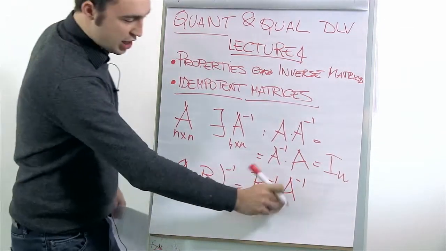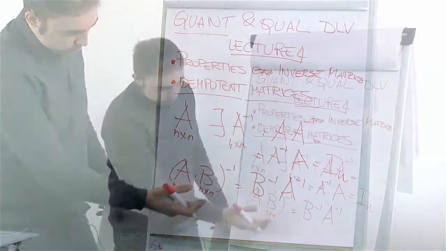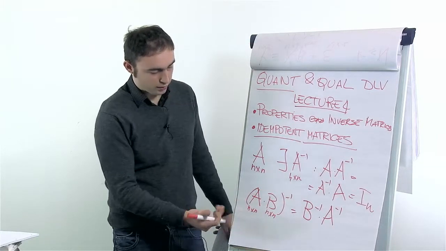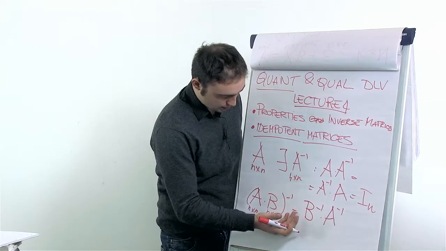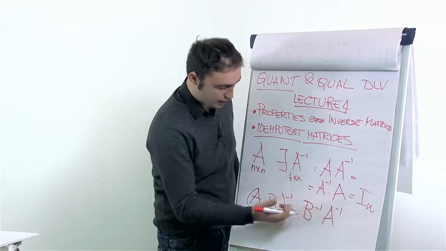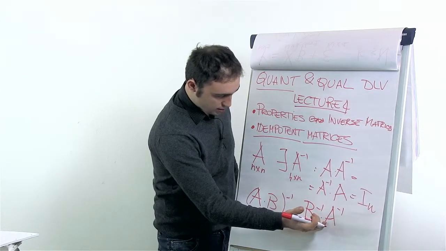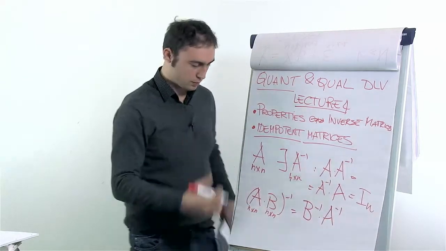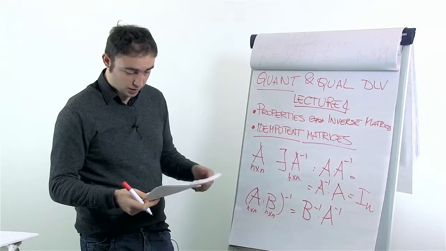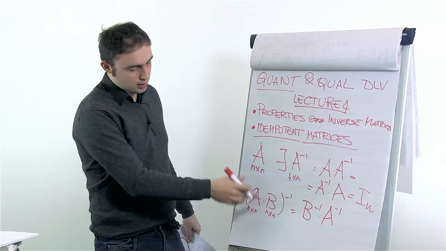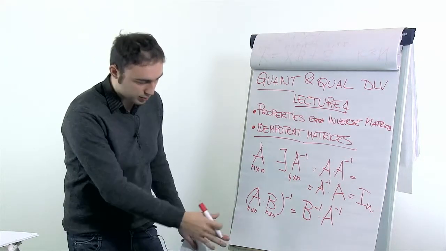Then we exchange the terms when we want to take the inverse of the product. The inverse of a product is the inverse of the second element multiplied by the inverse of the first element. And this is a very useful property when we invert matrices in the regression model.